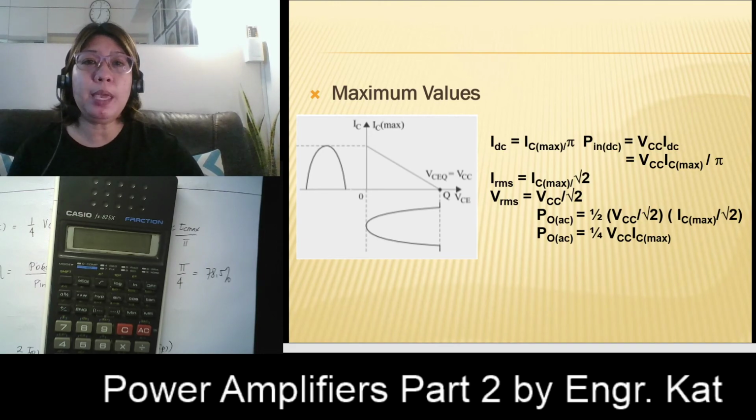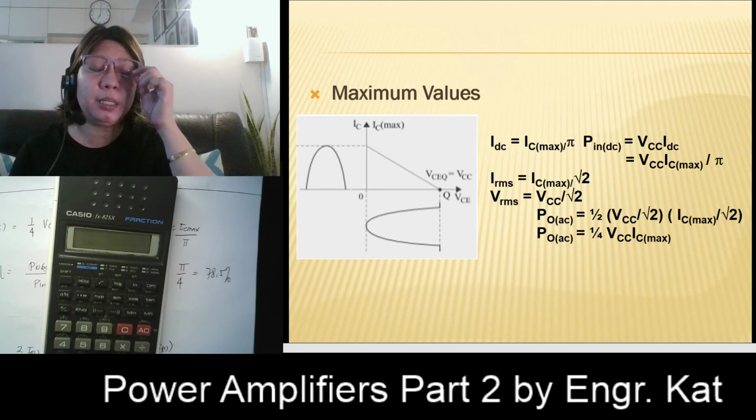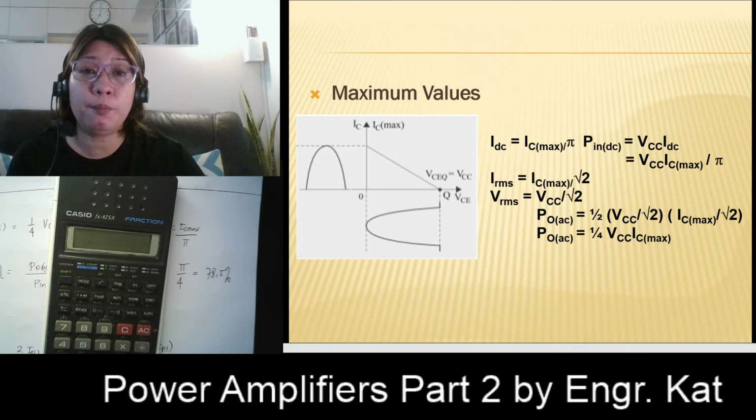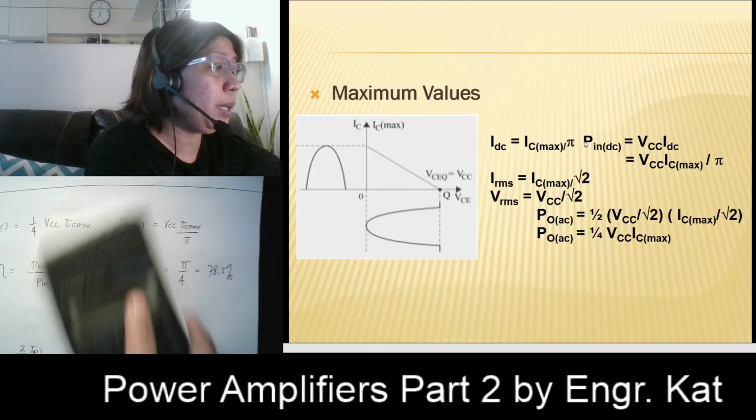POAC now is IRMS times VRMS. So that is IC max divided by square root of 2 multiplied by VCC divided by square root of 2, giving us 1/4 VCC multiplied by IC max.